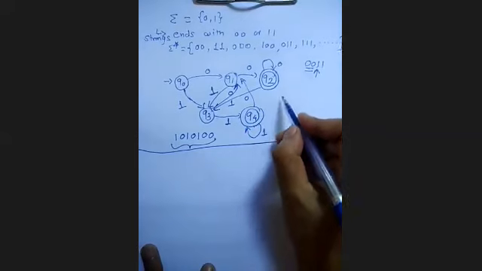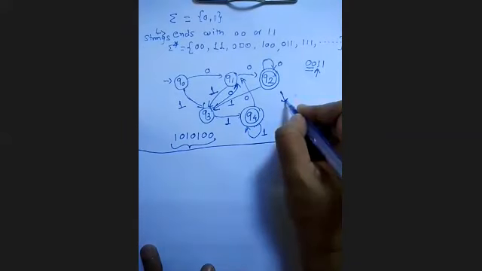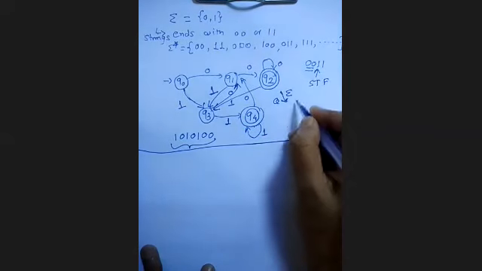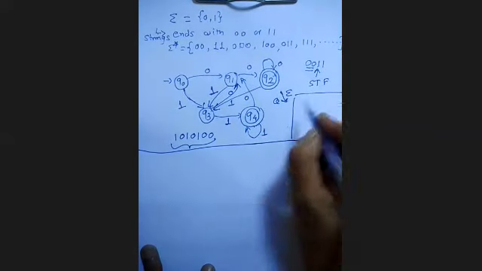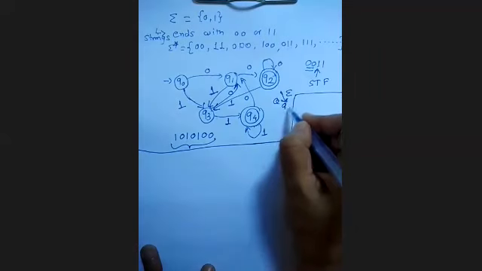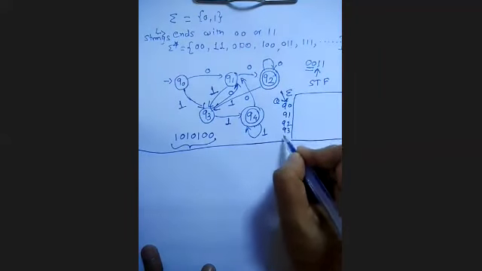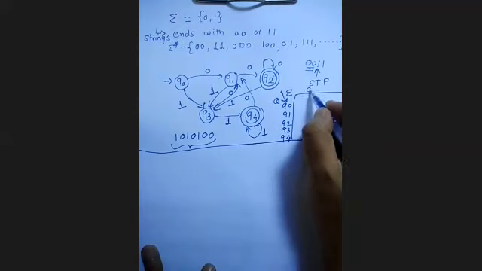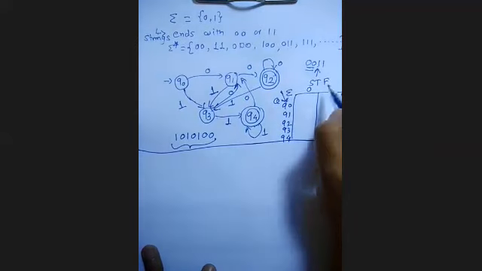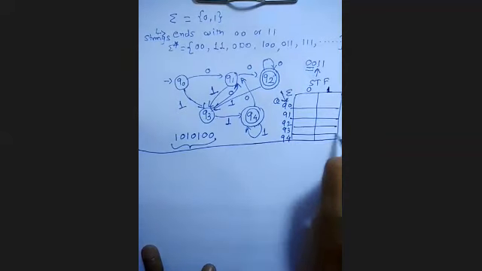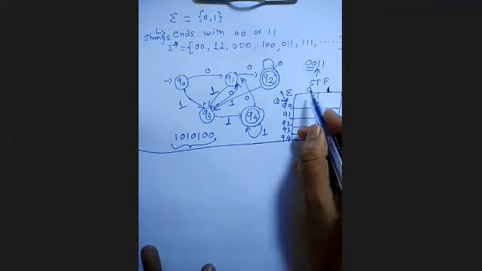And from this you complete the state transition table afterwards. I'll just give the hint. You know how to prepare the state transition table. You have to note all the states Q0, Q1, Q2, Q3, Q4, and the columns are the input symbols. Then you write the states. Can you complete this state transition table?